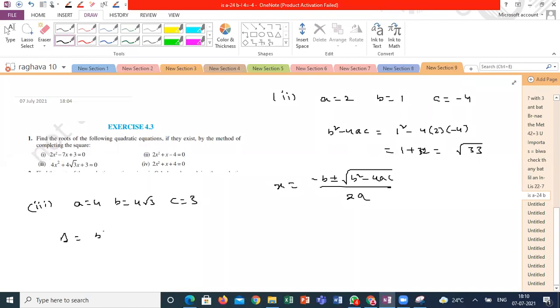Delta is equal to b square minus 4ac, that is 4 root 3 whole square minus 4 into 4 into 3, which is equal to 0. Here also roots are existing. Guys, find the answers for the first, second and third questions using the formula. What are the answers you are getting, please?